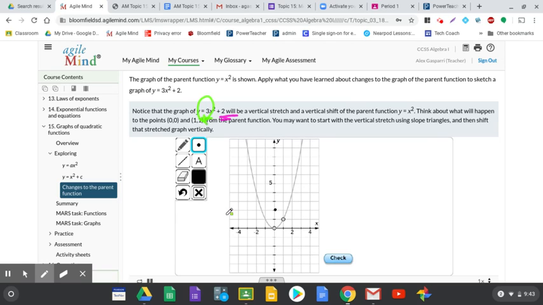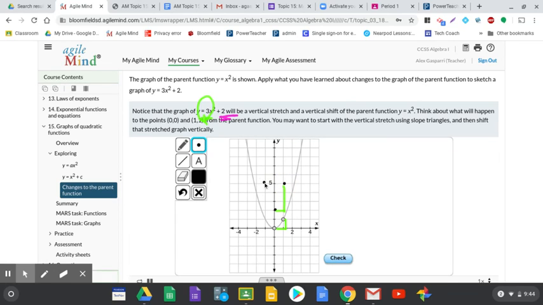So instead of my triangle being a 1 and 1, I want it to be a 1, but I want to go up 3 because it's going to be steeper, right? So I want to make sure my next dot is up here.